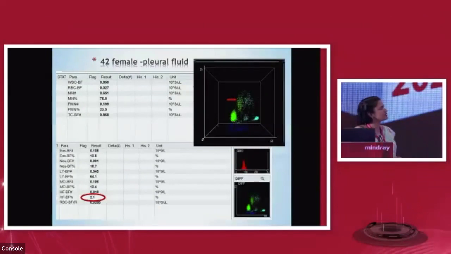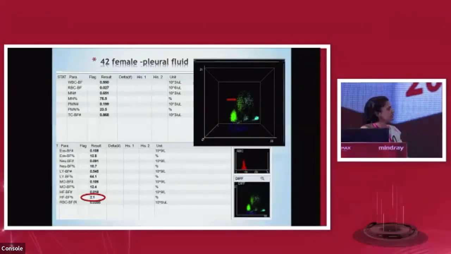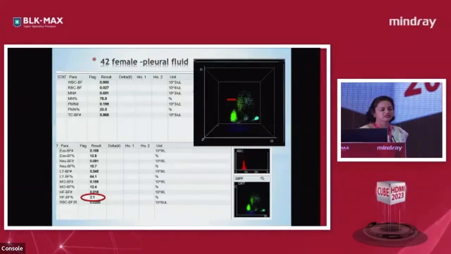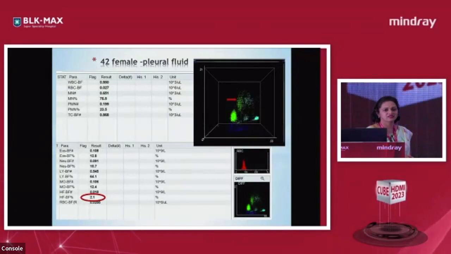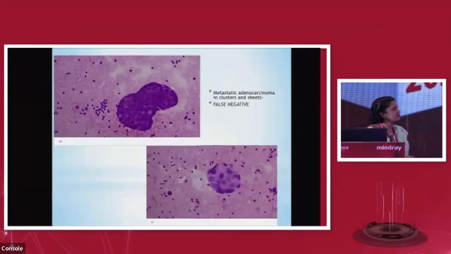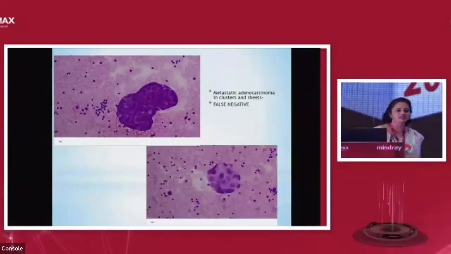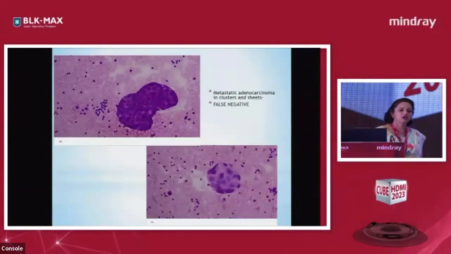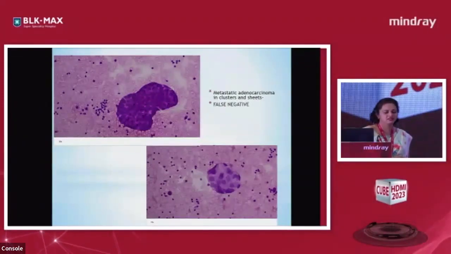So now this is another case of a 42-year-old female, pleural fluid, where the HFBF was just 2%, and the arrow is pointing towards some cells in the HFBF area, whereas on microscopy, there are a good number of sheets and clusters of pleomorphic tumor cells positive for malignancy, but these were not picked up by the analyzer.